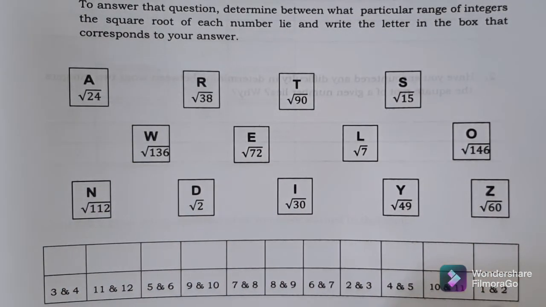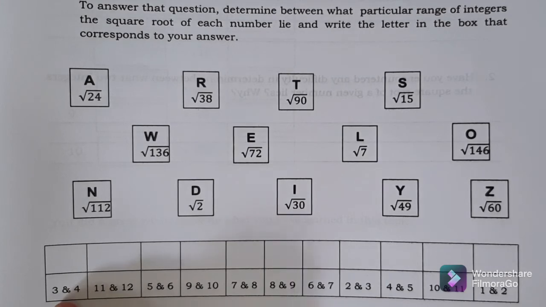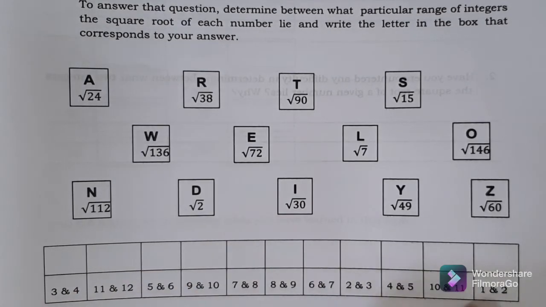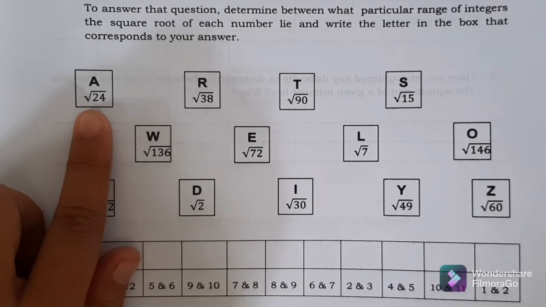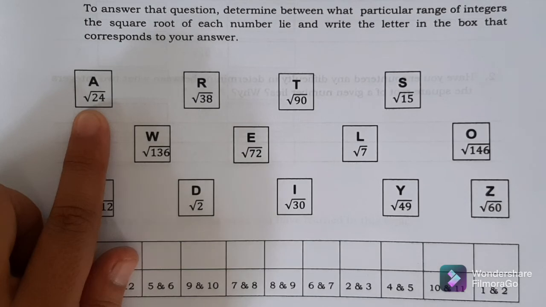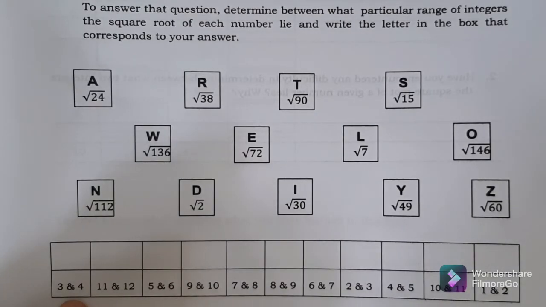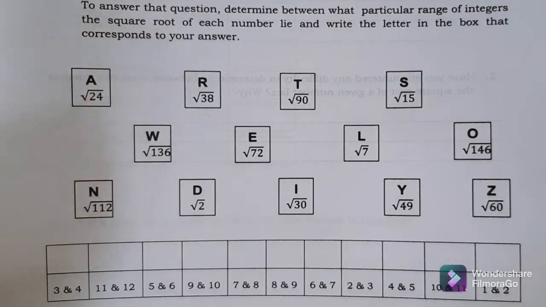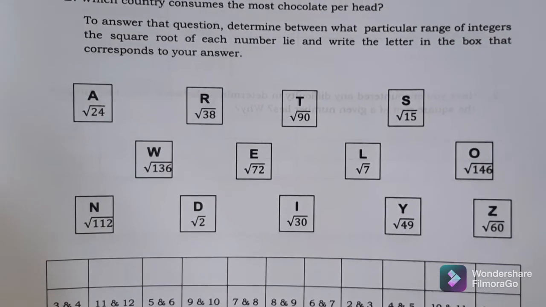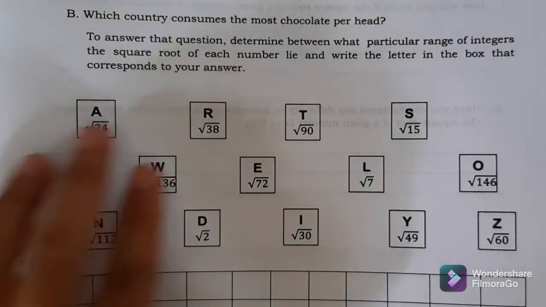And then, sa ilalim naman is you have certain numbers. Okay? So halimbawa, square root of 24. Ano kayang dalawang integer ang pagitan niya is makikita natin ang square root of 24. Halimbawa, ang sagot nyo is 3 and 4. So, therefore, yung letter A, ilalagay nyo dito. Para masagot natin ang tanong dito sa ating puzzle.